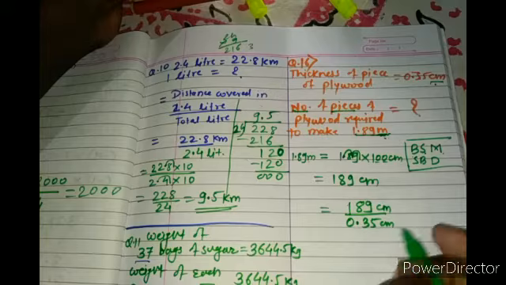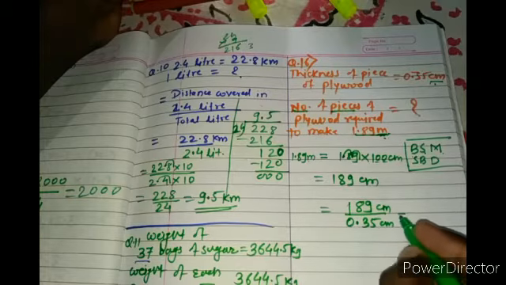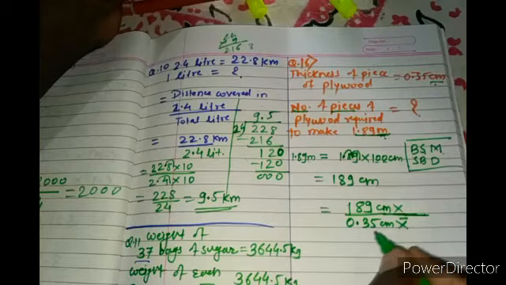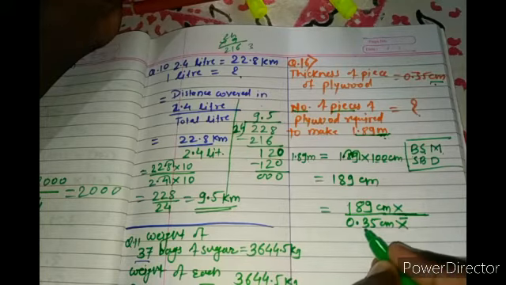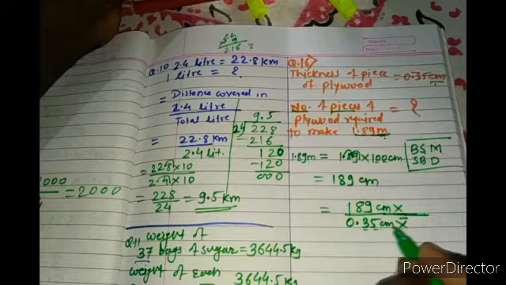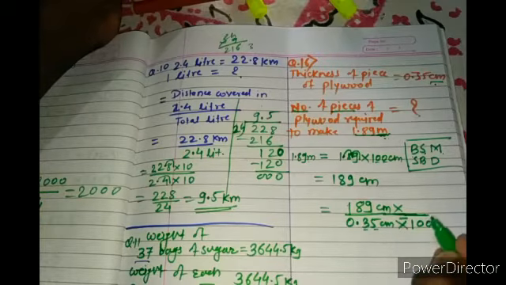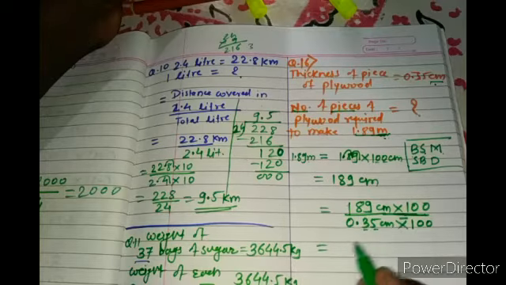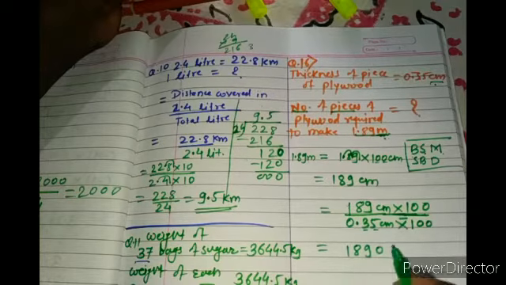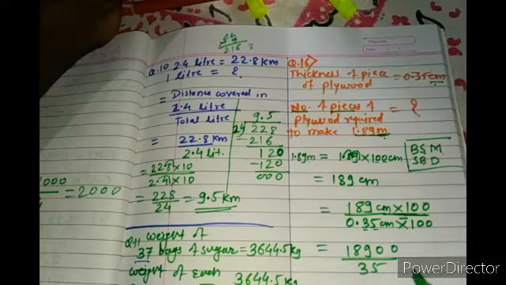Now we have to convert this into a whole number. So I will multiply by a multiple of 10. Here there are 2 digits after the decimal point, so with 1 I will take 2 zeros, same with the numerator also. After that, what is the effect? 18900, and here 35.